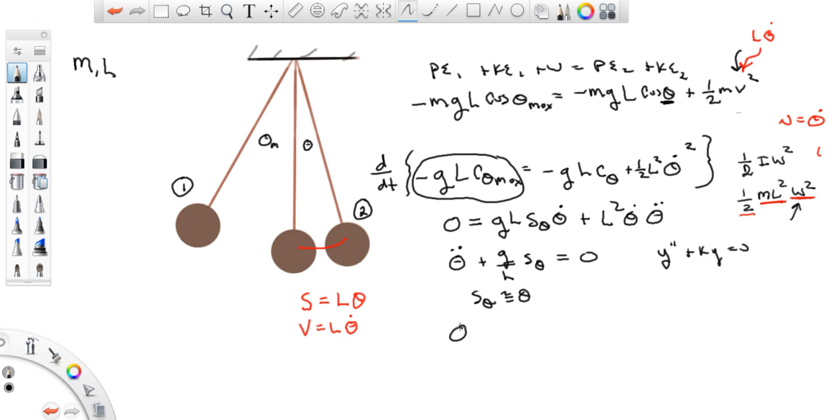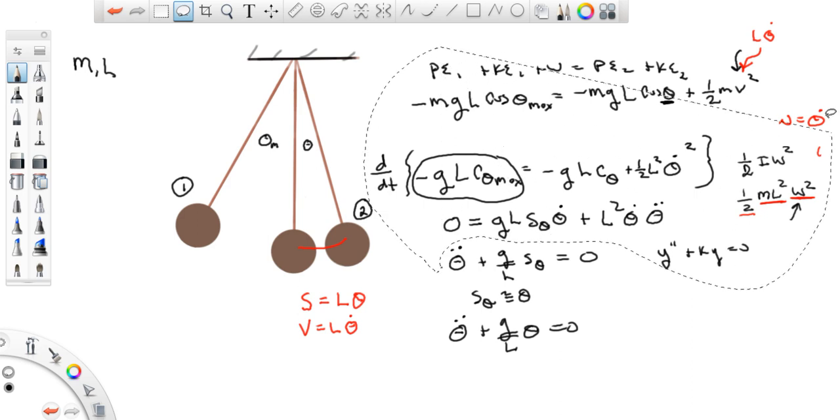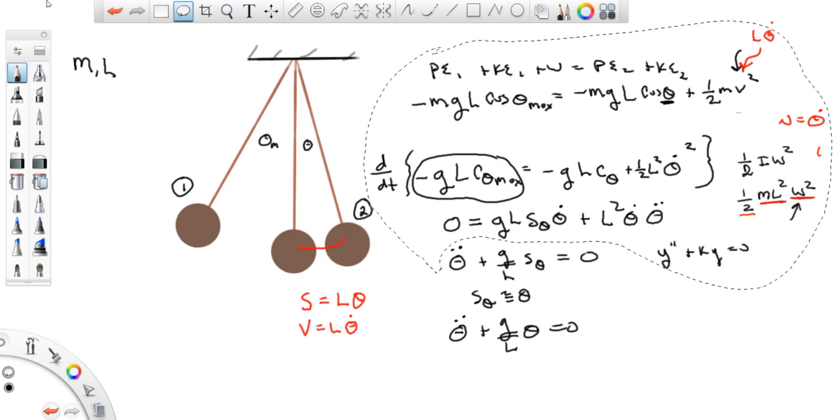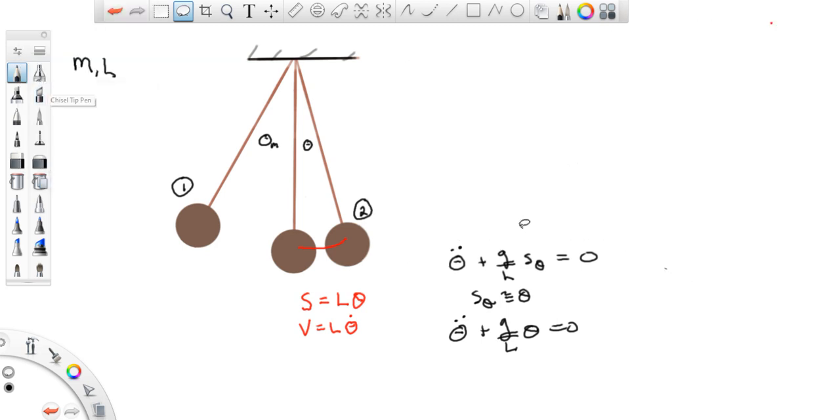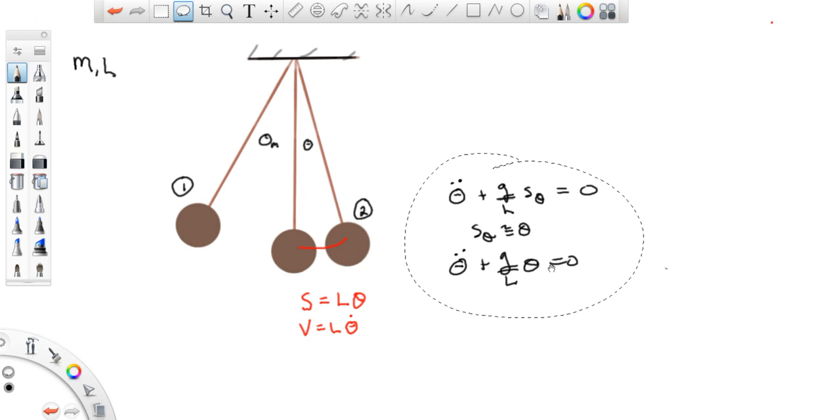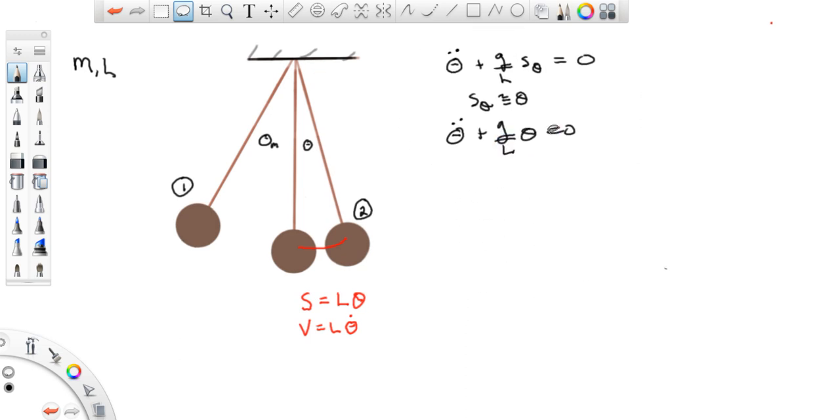So that allows us to write theta double dot plus g over L times theta equals 0. And now we're happy.